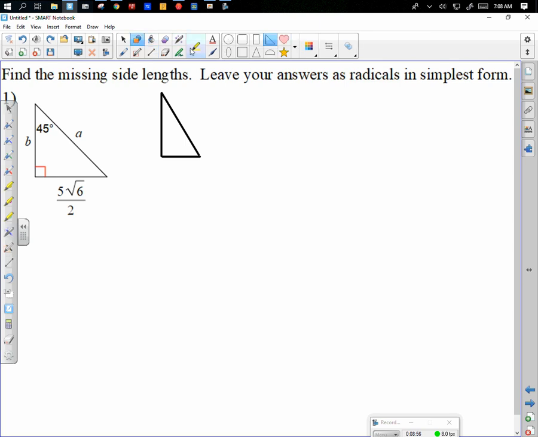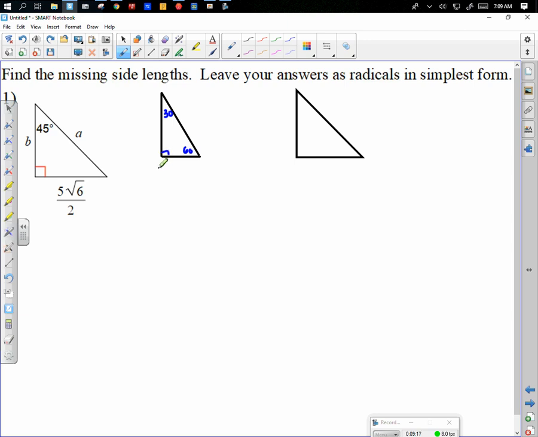And the 45, 45, 90 will look something like this. So the small angle is 30, the medium one is 60, and the other one is 90.